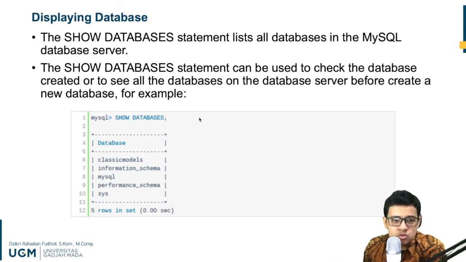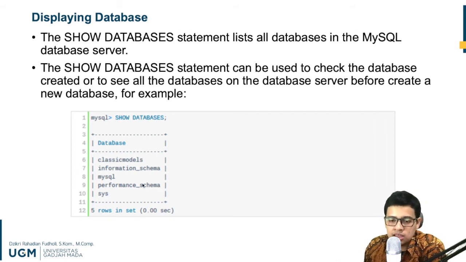If you want to show the databases of a particular database server, we can use this statement, SHOW DATABASES, with an S at the end of the syntax, and then MySQL will show all of your databases in that server. Other than classicmodels, the other four databases are generated automatically by MySQL.